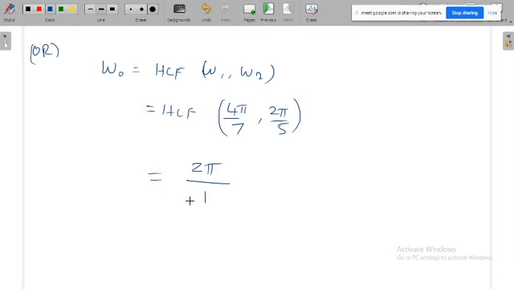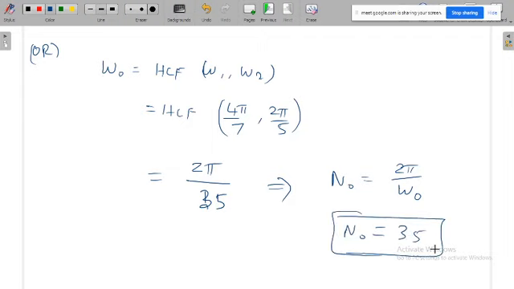Sorry, for the denominator we have to take the LCM. Numerator only HCF, denominator we take LCM, that is 35. Then n naught is equal to 2 pi by omega naught, so 35 is the answer. n naught is equal to 35.